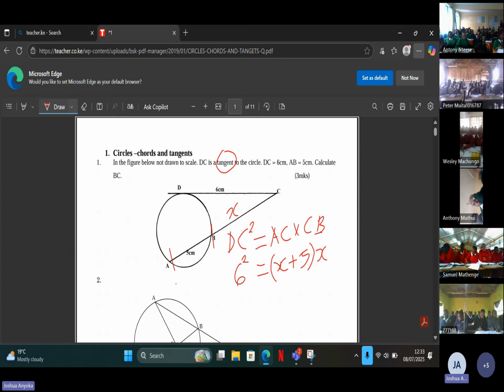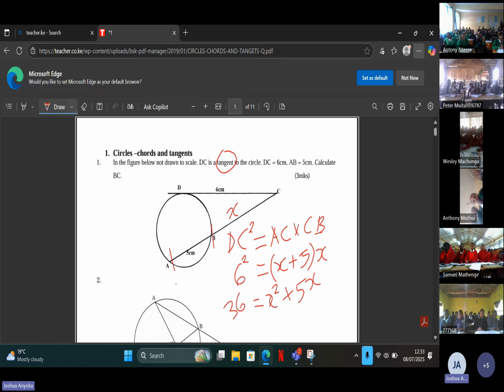If we work out now an evaluation, the first point is to identify which intersection. Number 2, you write down the relationship which connects the lengths in that kind of intersection. And then you substitute what you know. Then you find X squared plus 5X equals 36.